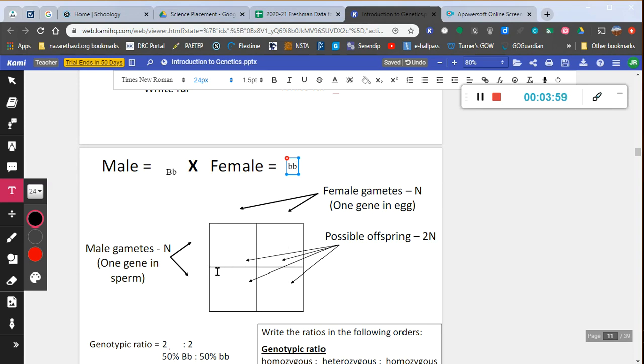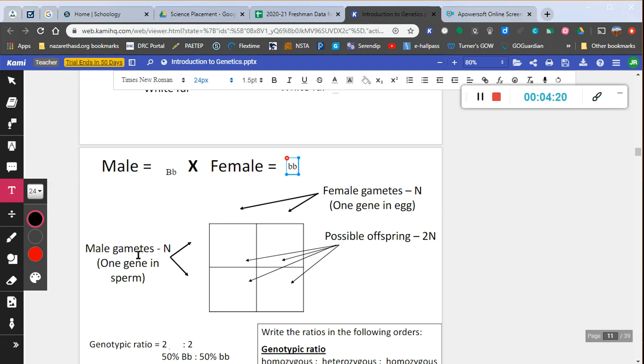The first thing that I want to do is put the two allele possibilities. And remember, these are the two alleles, a dominant allele and a recessive allele, that my father can pass on to his children. And the female can pass on either of the two recessive alleles that she has.